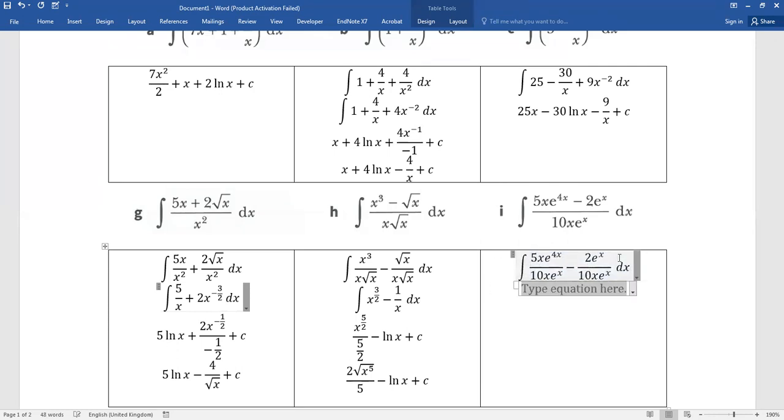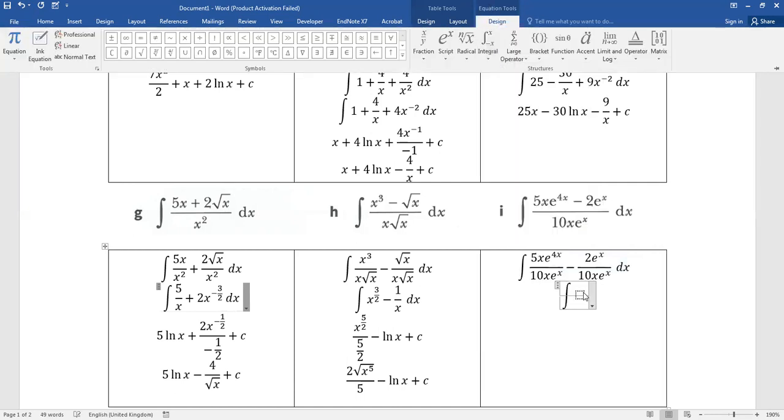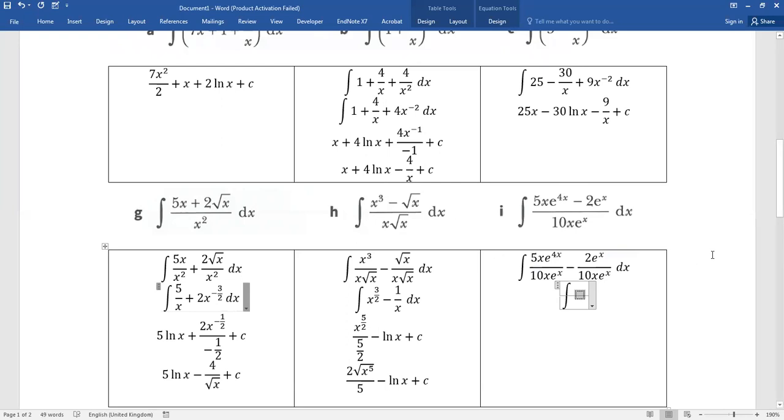Once we simplify them, 5, 2 cancelled out, x and x cancelled out, and I'm left with e to the power, remember, the powers will be subtracted here, 4x minus x upon 2 and minus 1 over 5x.